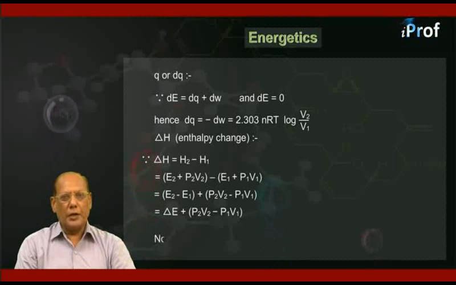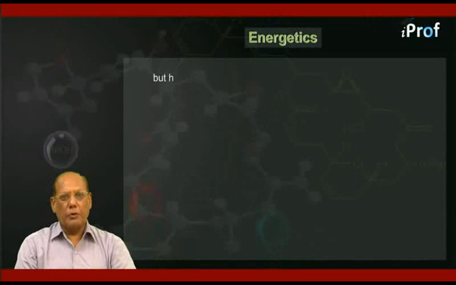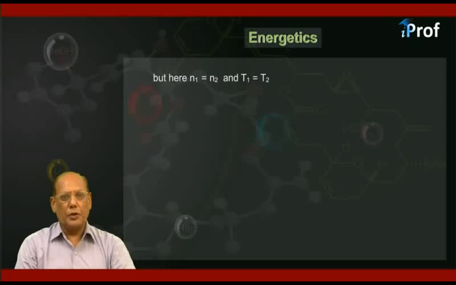Now for an ideal gas we have P1V1 upon n1T1 is equal to P2V2 upon n2T2. But here n1 is equal to n2 and T1 is equal to T2. Therefore P1V1 is equal to P2V2.